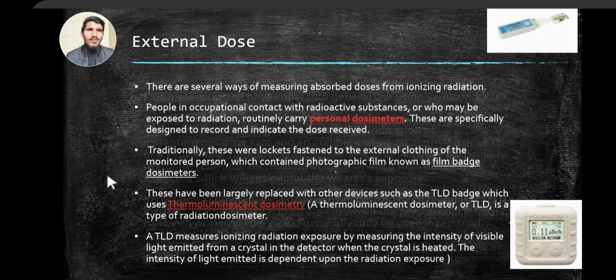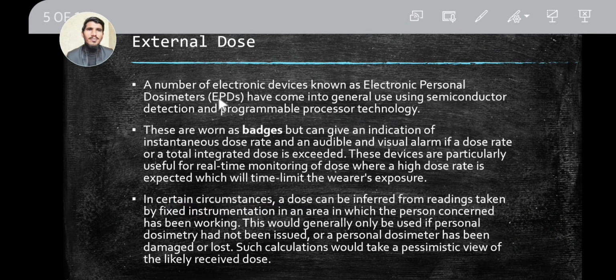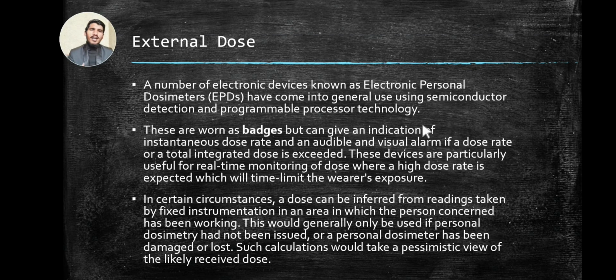Moving on, a number of electronic devices known as electronic personal dosimeters have come into general use, using semiconductor detection and programmable processing technology. So now we have electronic personal dosimeters that are normally used. They use semiconductors and have programmable processing technology.